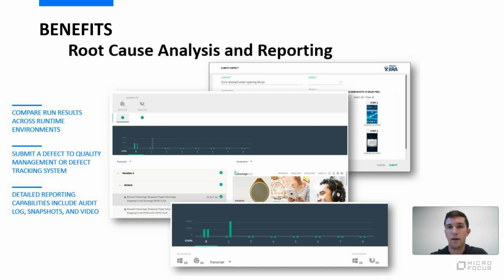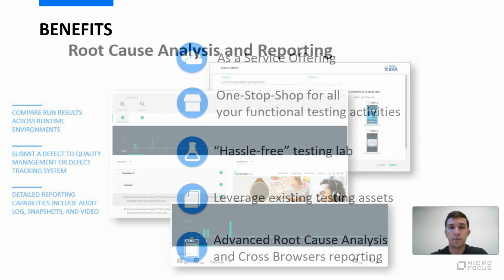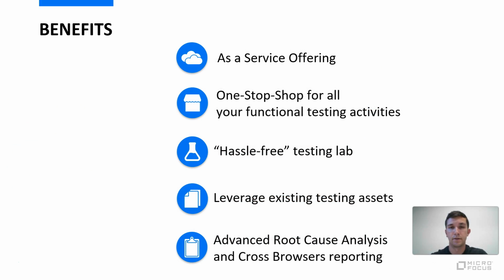So you don't have to worry about adding that code, let alone maintaining it, and getting those reports that you want. You basically upload that script and you get it out of the box. Same thing goes for the LeanFT scripts. So make use of that. We're going to be able to help cut down that root cause analysis time so that you can fix those problems and get those tests back in the green.